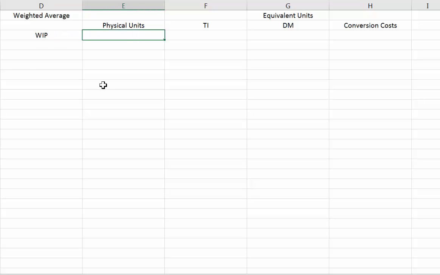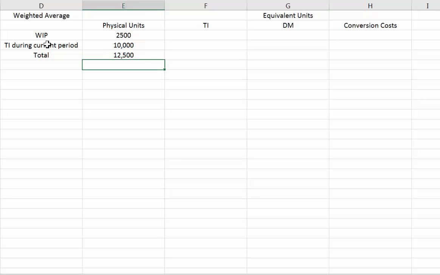For WIP physical units, we're looking at 2,500. Also we have TI, transferred in during the current period, and here we're looking at 10,000.